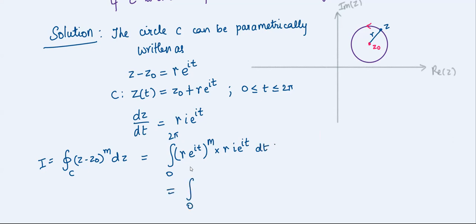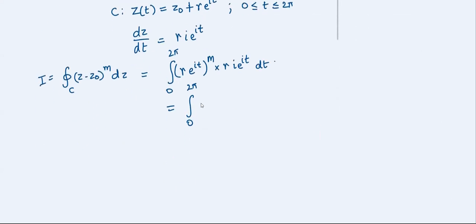So we get integral 0 to 2 pi, i comes out, R power m plus 1 into e power it to the power m plus 1.